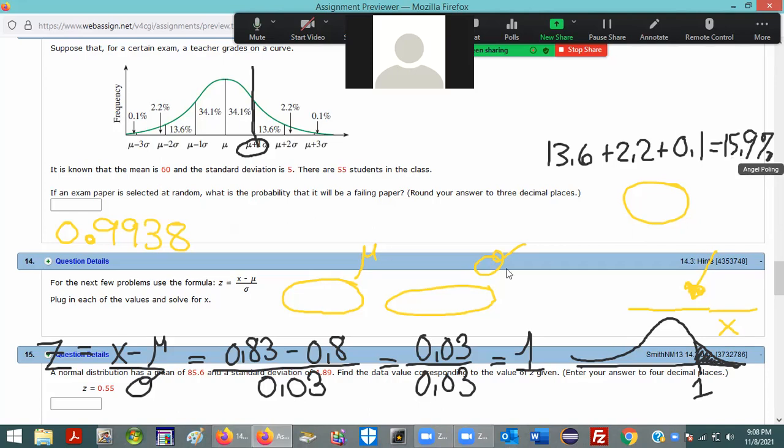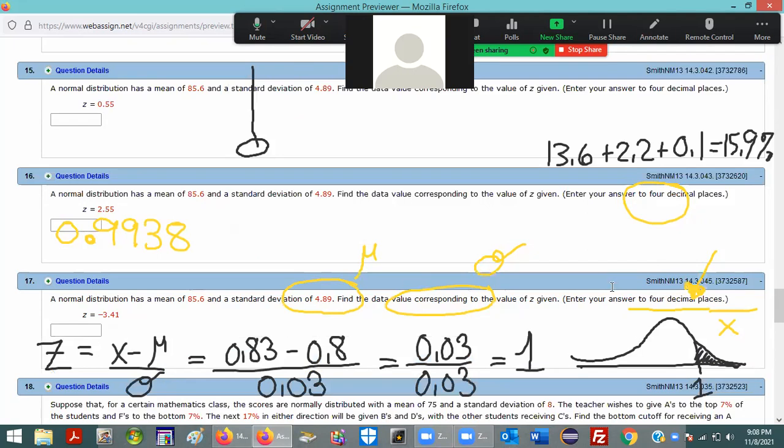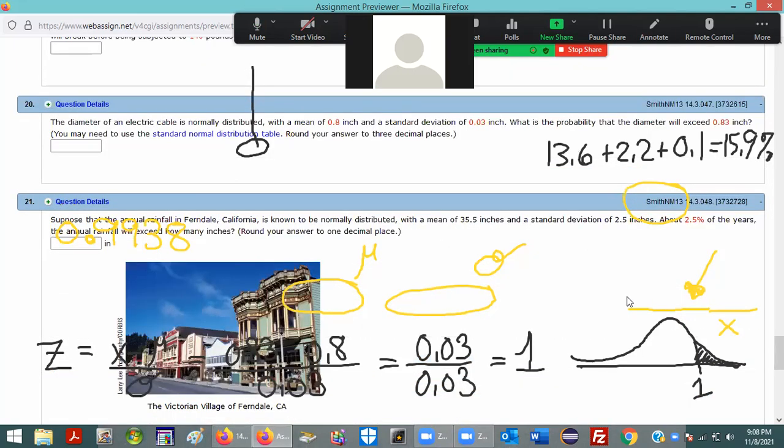So on number 20, we would expect the probability that the diameter will exceed 0.83 inches to be 0.159, because they want the probability, not the percentage, right? So decimal form.